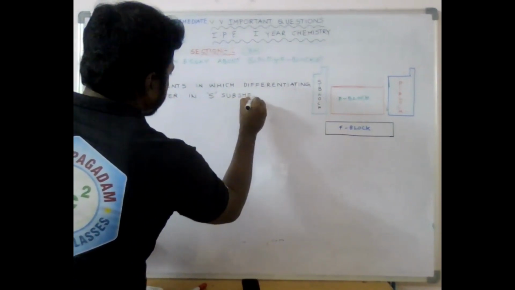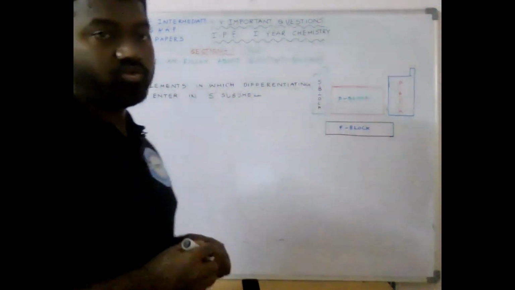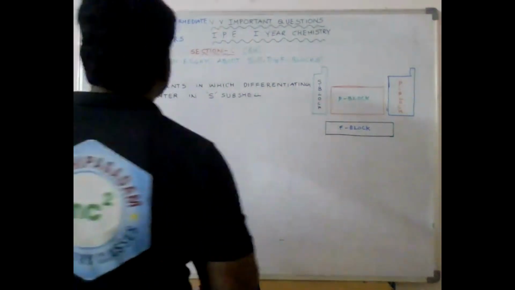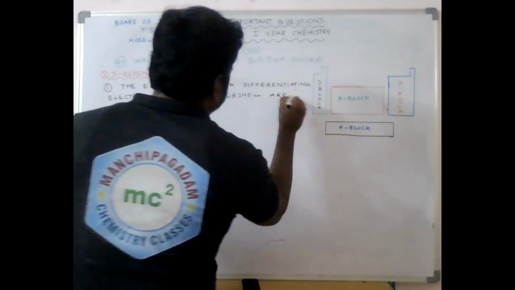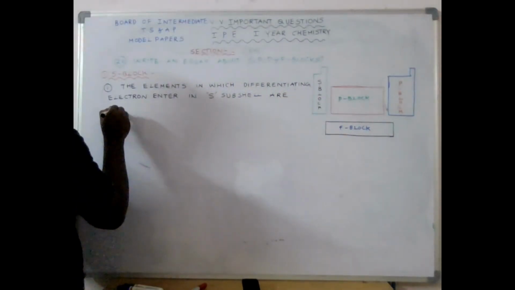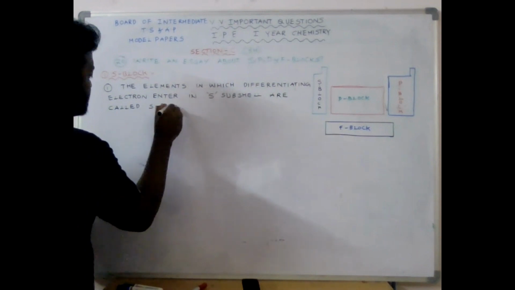So whatever the last electron is coming, that last electron always enters in the S subshell only. So those elements are known as S block elements. So the elements in which differentiating electron enters in S subshell are called S block elements.